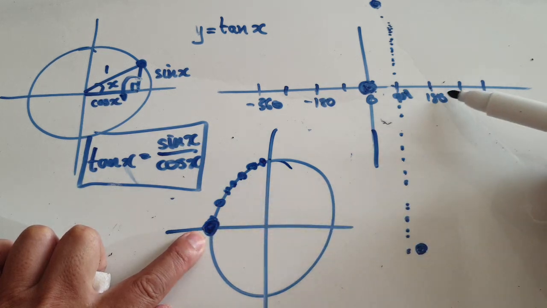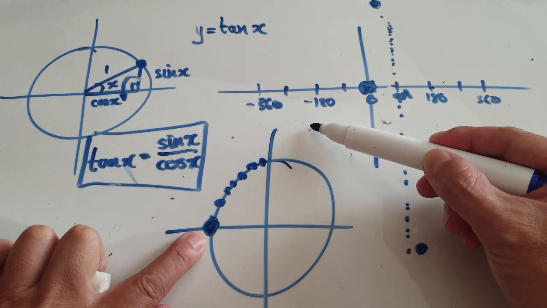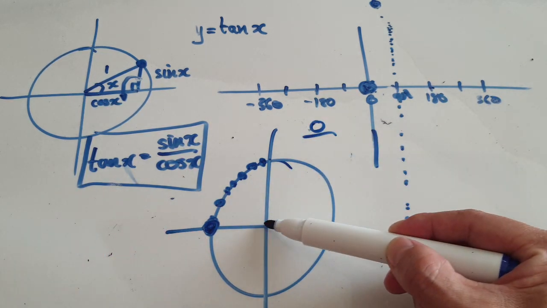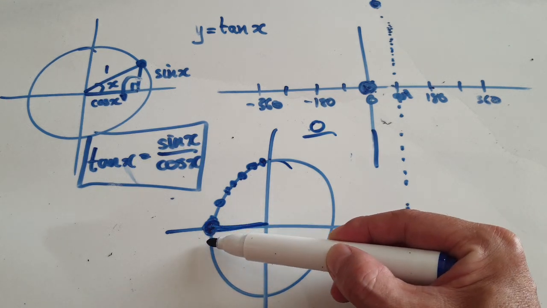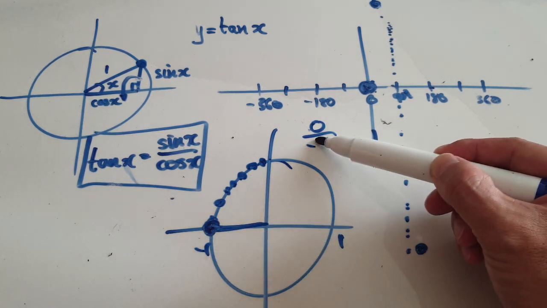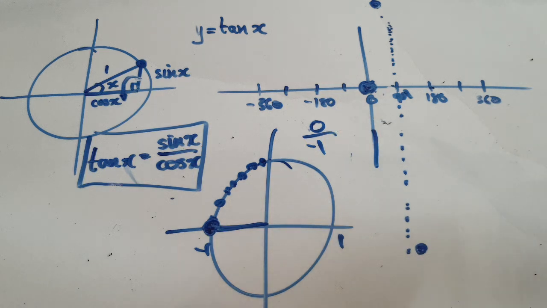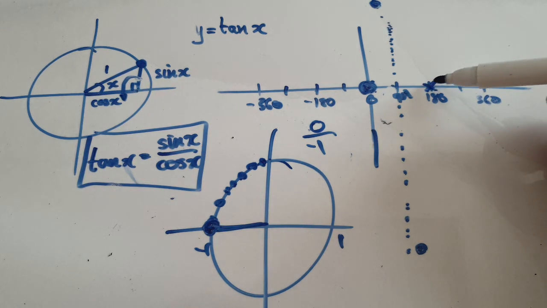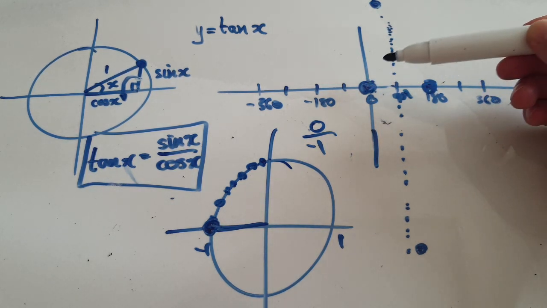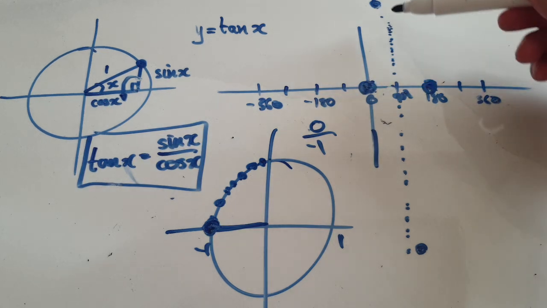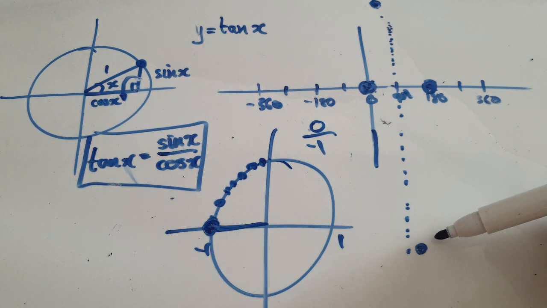There is no height when it gets to 180. So it would be 0 divided by, what's the across? It will be negative 1, because this is 1, this is negative 1. 0 divided by negative 1 would be 0. So it must pass through here. So just know that the graph will look like this. It passes through here, here, here, and here. I will continue in the next video, okay?